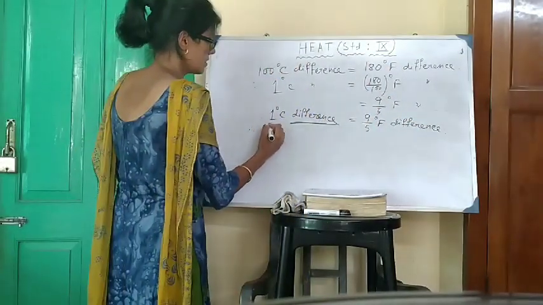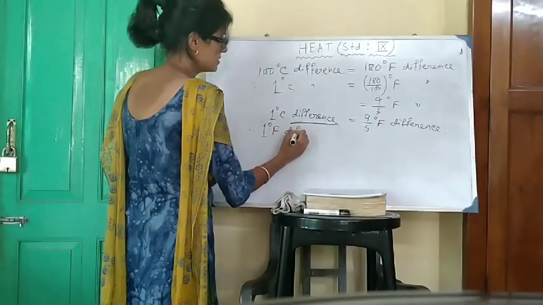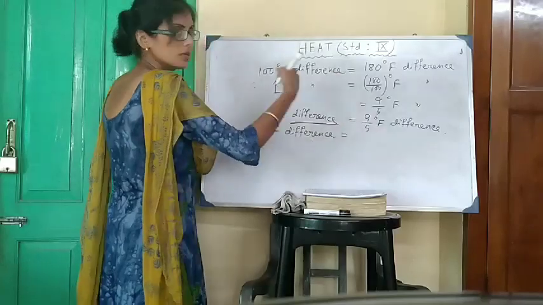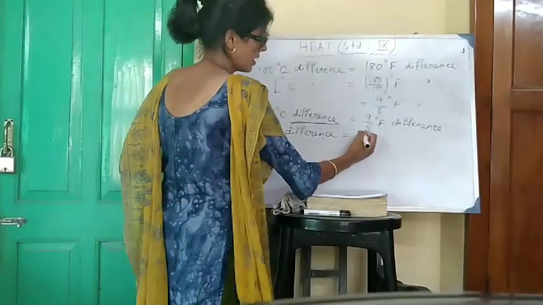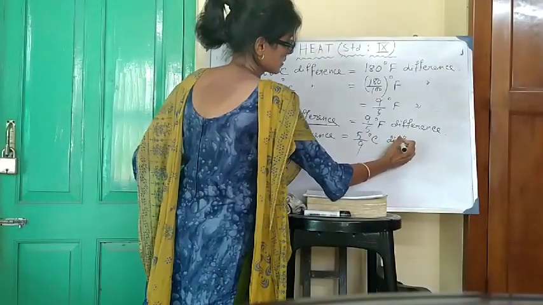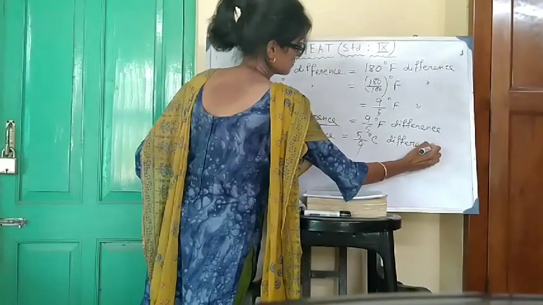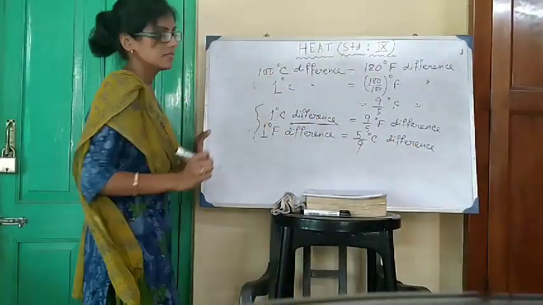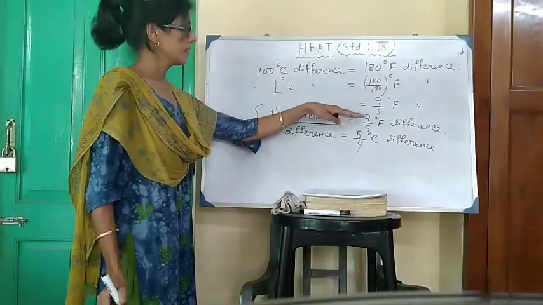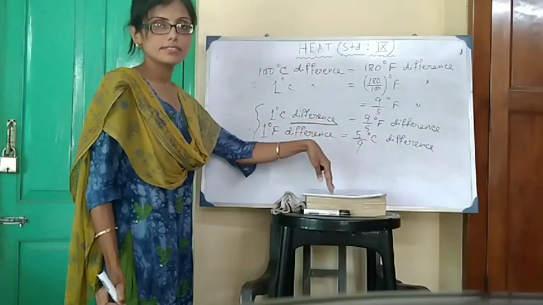Therefore, 1 degree Fahrenheit difference is equal to, just reverse order, 5 by 9 degree Celsius difference. This is the relation between the difference in temperatures of Celsius and Fahrenheit scale.